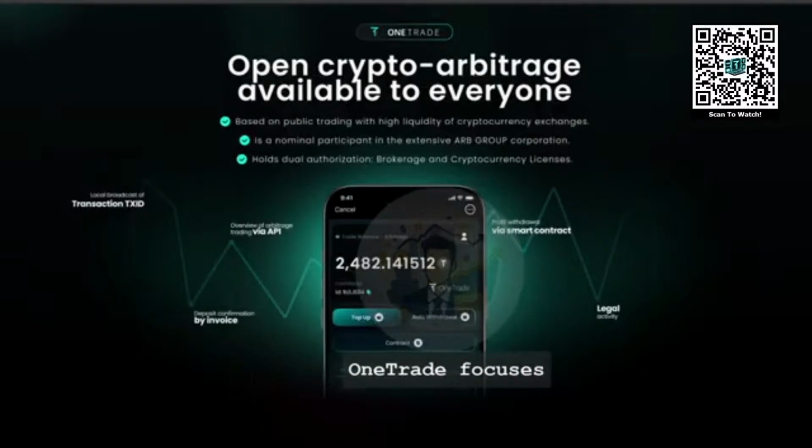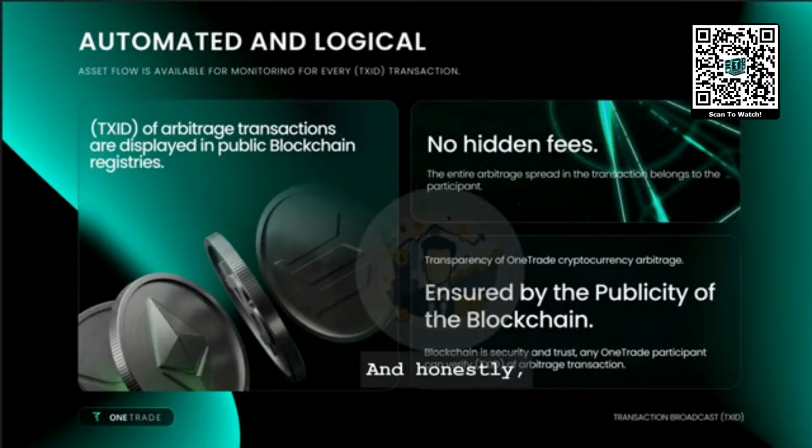One Trade focuses on crypto arbitrage, using liquidity from multiple exchanges and automated trading systems. One Trade also claims that transactions can be verified publicly through blockchain TXIDs, meaning users can supposedly track activity directly on-chain. And honestly, that's one thing that grabs attention.